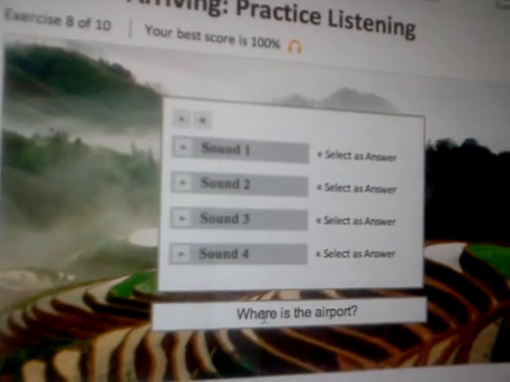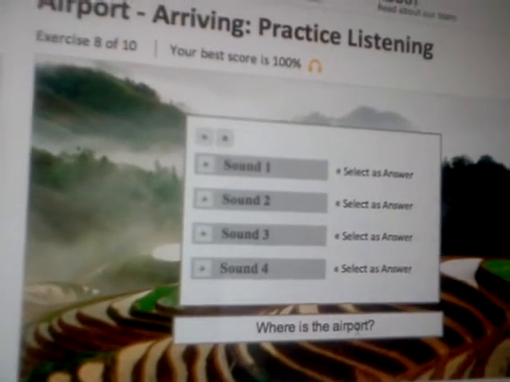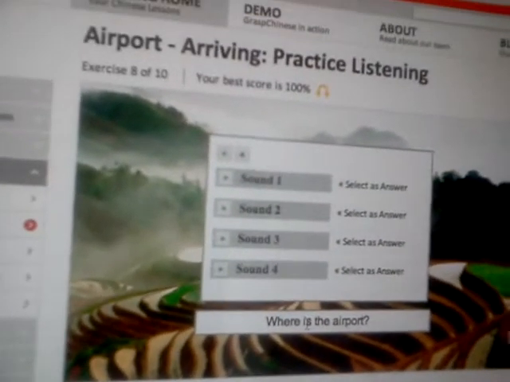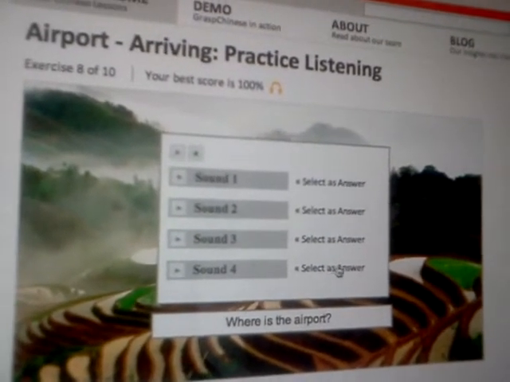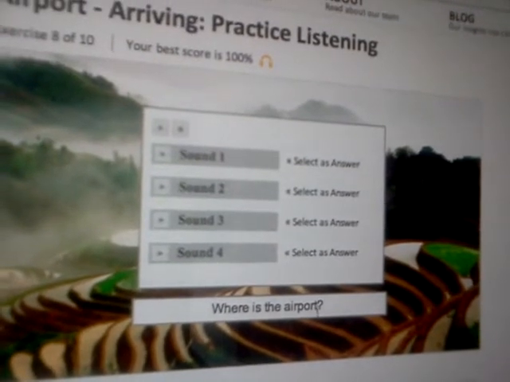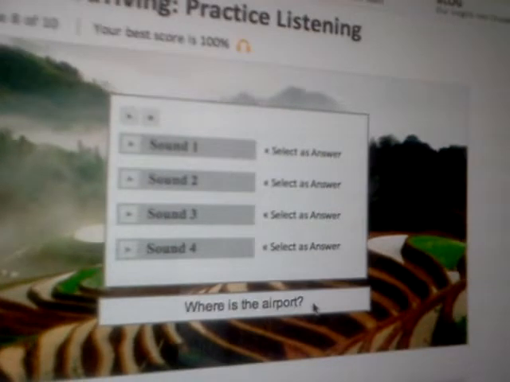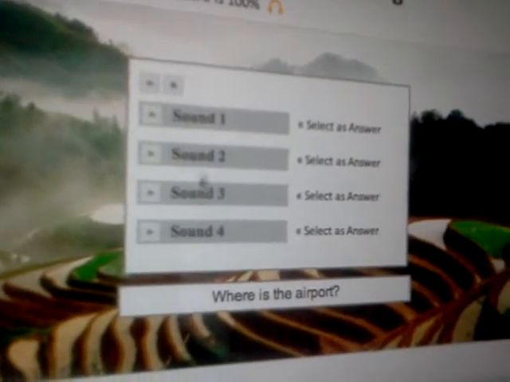So it would be 哪里, and then it would end with 飞机场 is, in this case, is asking where it's at, where is it located, and that is the verb 在. And then it's a question, so it's likely to end in ma, unless it's already indicated that you're looking for information. So the sound may or may not actually be ending in ma.